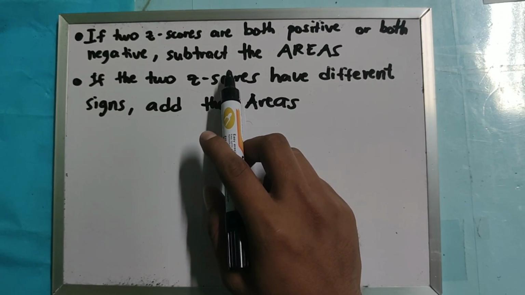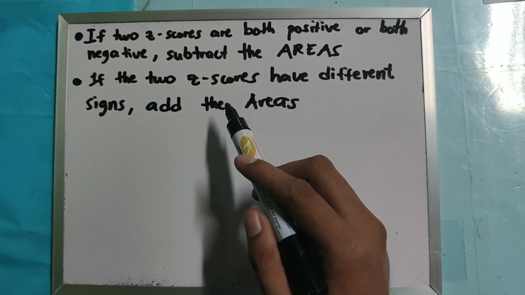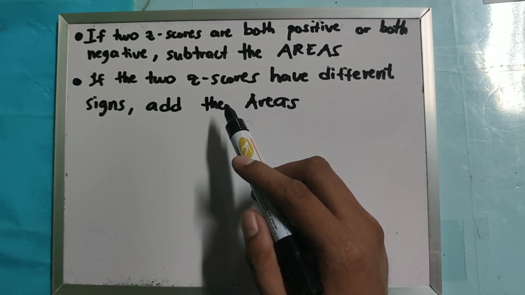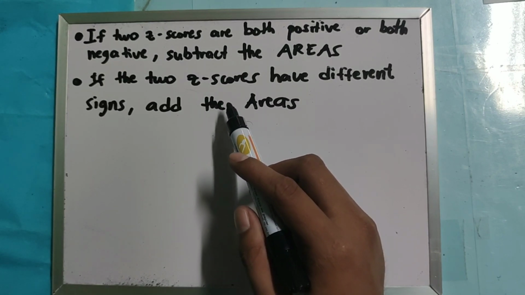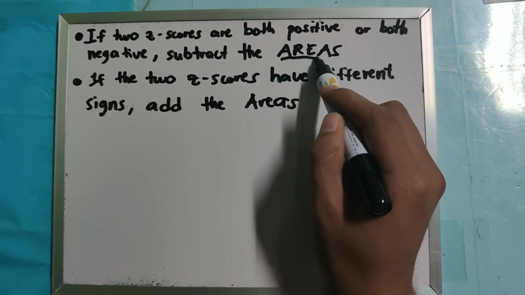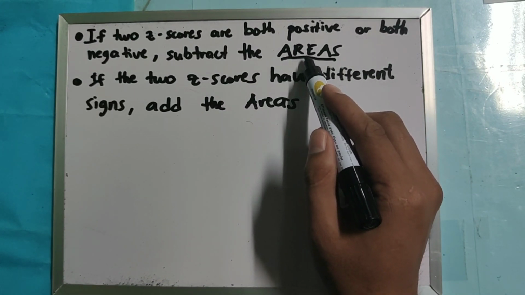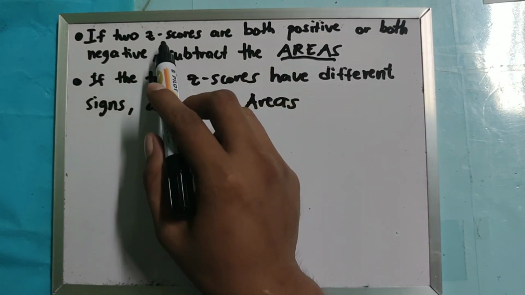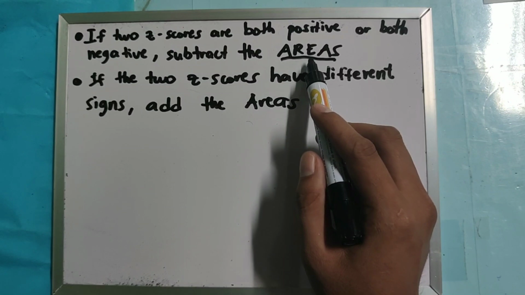Again, anong gagawin? Kapag yung dalawang Z-scores natin are both positive or both negative, ibig sabihin, if they have the same sign, kapag parehas yung signs ng ating dalawang Z-scores, we're going to subtract the areas. Note, class, we will not subtract the Z-score, but we are going to subtract the areas.